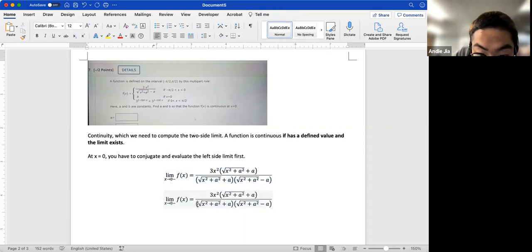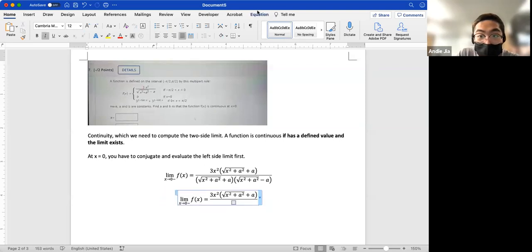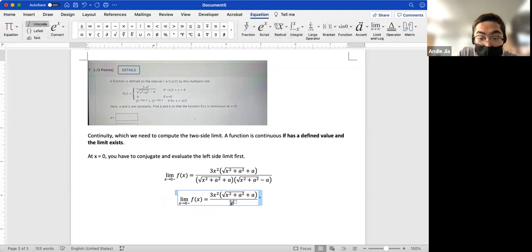We have x squared minus a squared, so it's x squared plus a squared minus a squared. You're going to cancel them to 0. So what we will have is 3xa squared.